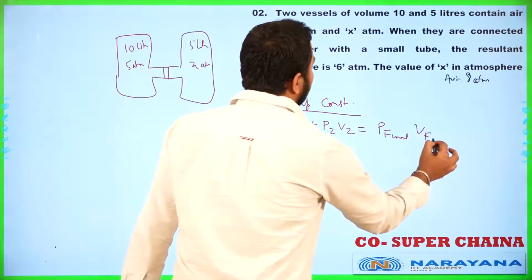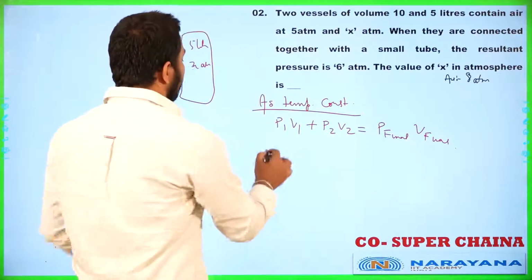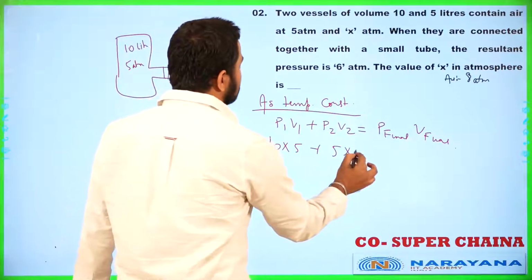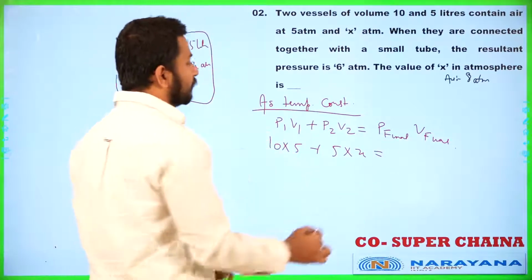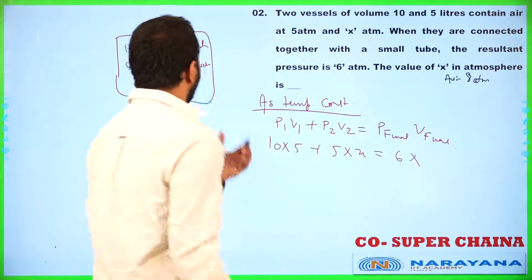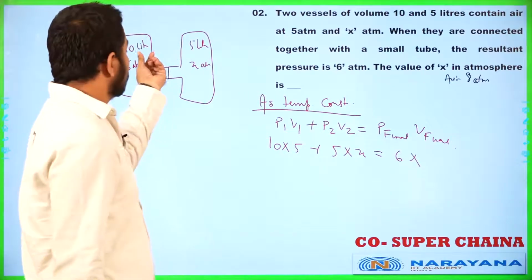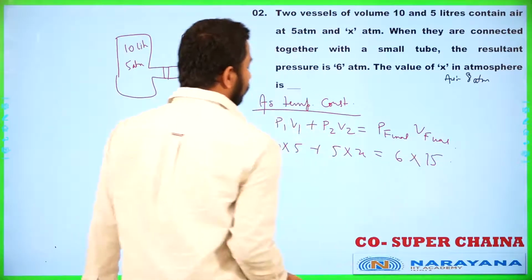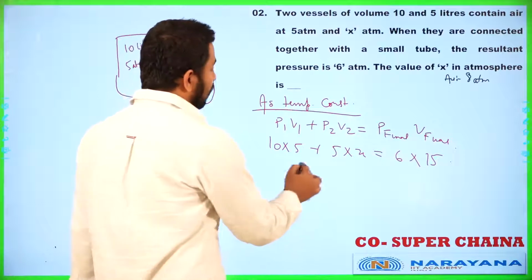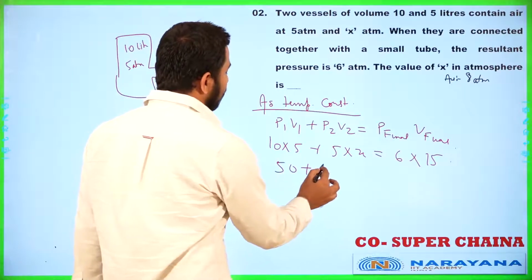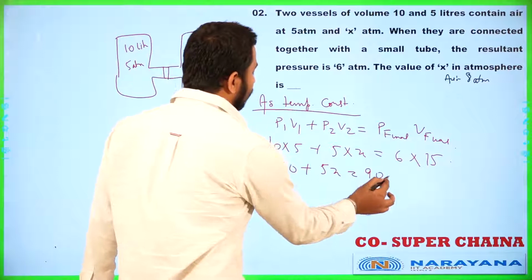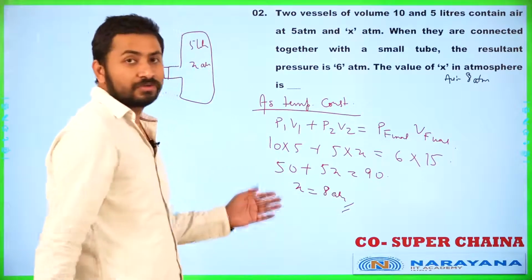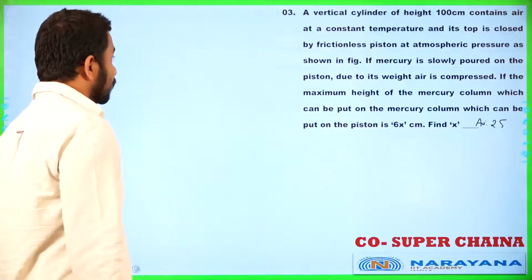Initially we have 10 into 5 plus 5 into X, equals the pressure 6, and the final volume will not change, so 10 liter plus 5 liter, total 15 liter. If we simplify this, 50 plus 5x equals 90. So from here x we are getting as 8, and that is the answer of this question. Let's proceed to the next question now.